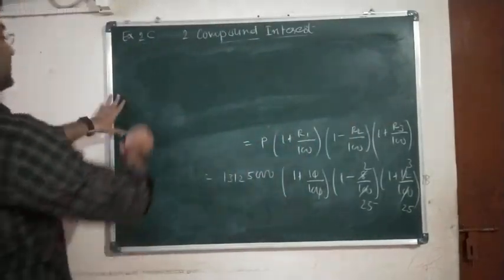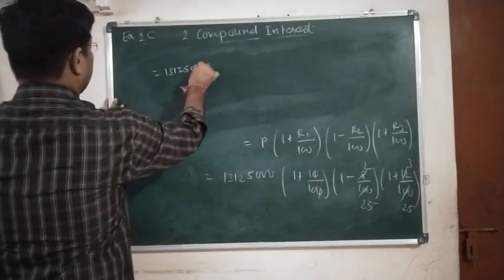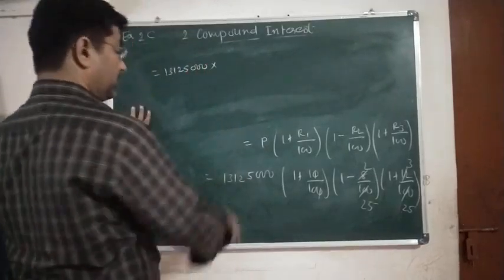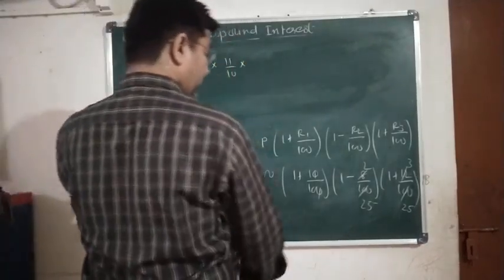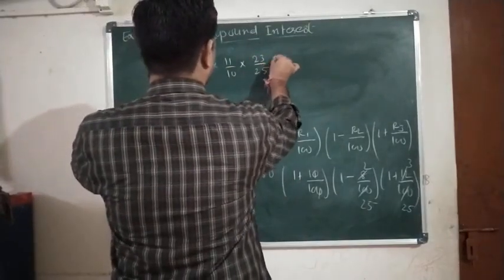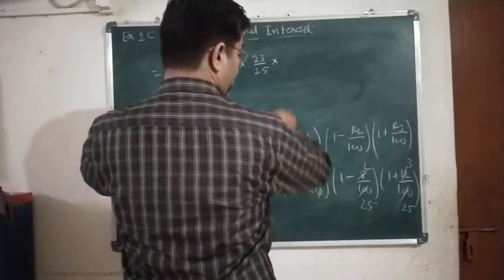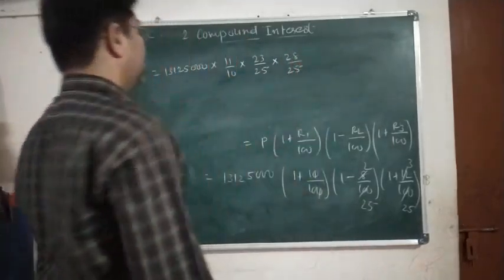Okay, so let us write down 1,31,25,000 into 11 by 10 into 25 and 23 upon 25 into 28 upon 25.